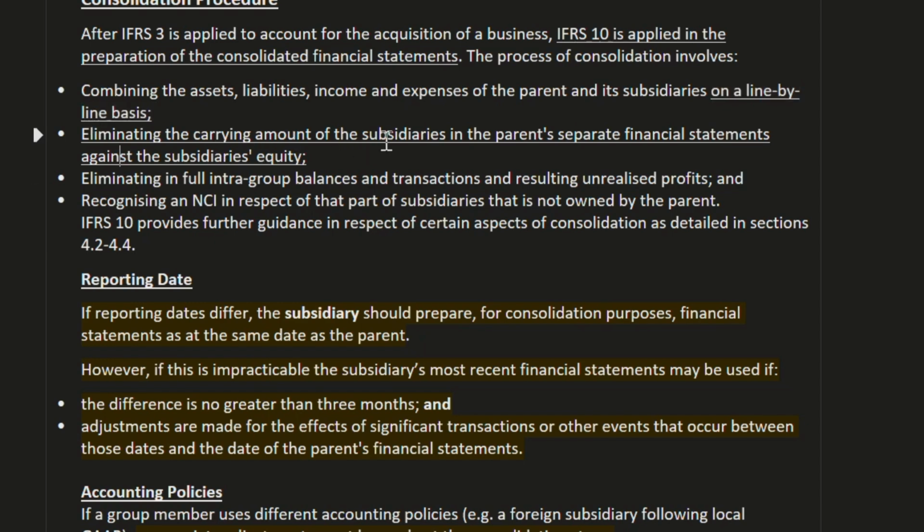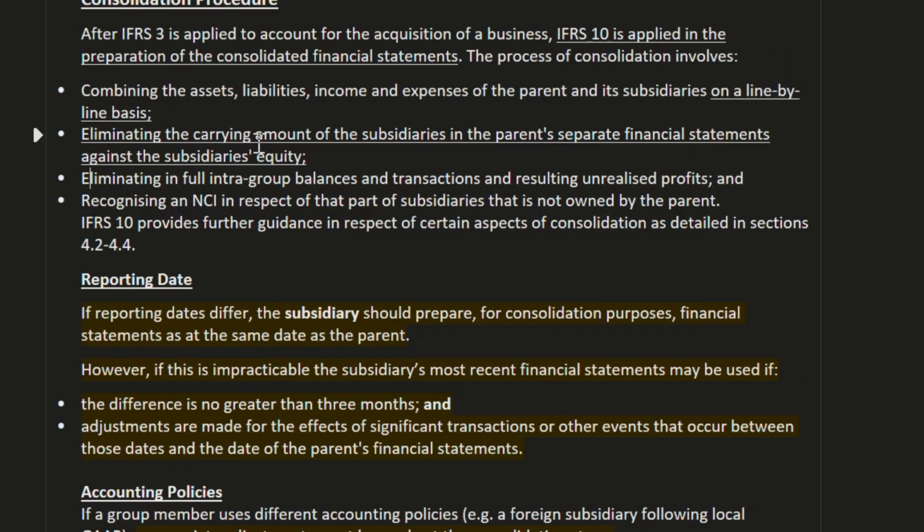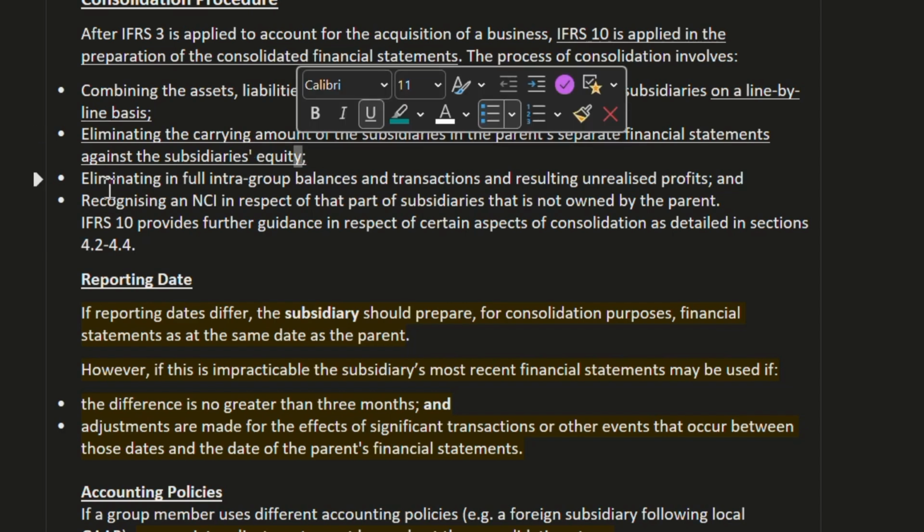Eliminating the carrying amount of the subsidiary in the parent's separate financial statements against the subsidiary's equity. Once we prepare the balance sheet, we will see how it shows.